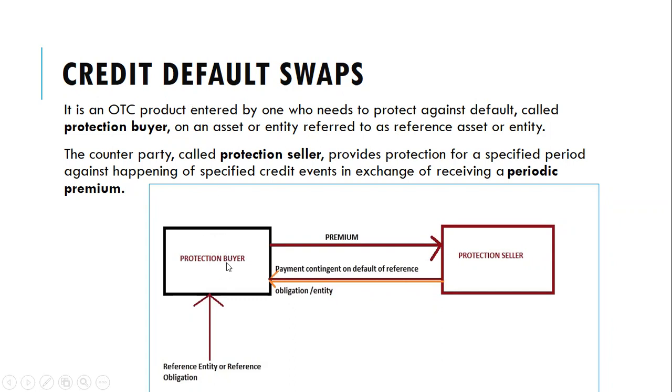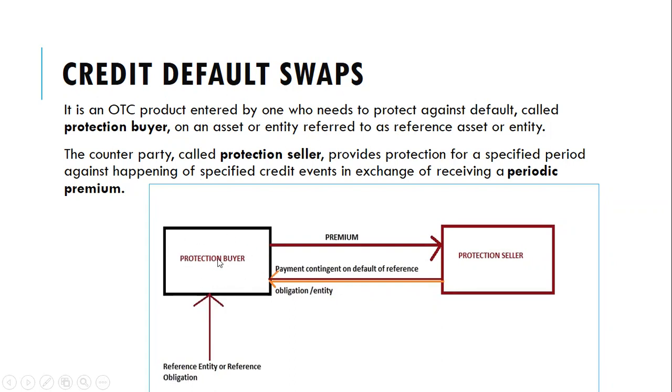In credit default swaps also, you know that there might be a possibility of credit risk, for which you go and buy a product or an instrument. So you are the buyer of the insurance product. Here in this case, we refer to that as the protection buyer.